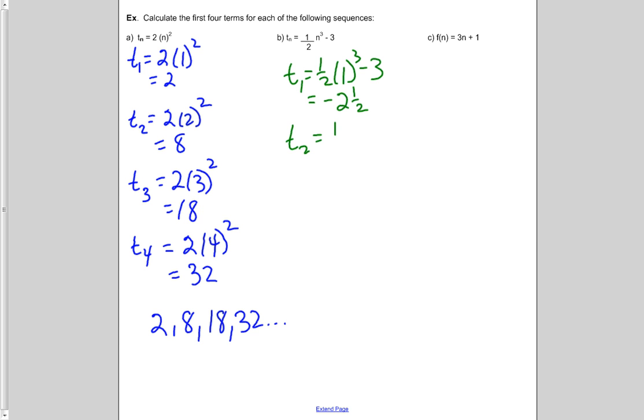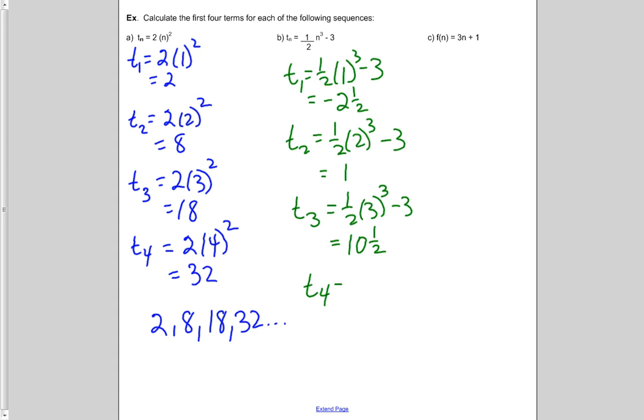Second term is a half times 2 cubed minus 3. 2 cubed is 8. 8 times a half is 4. 4 take away 3 is 1. Third term, a half times 3 cubed. Ugh, that one's going to be ugly. 27 times a half is 13.5. Take away 3 is 10.5.